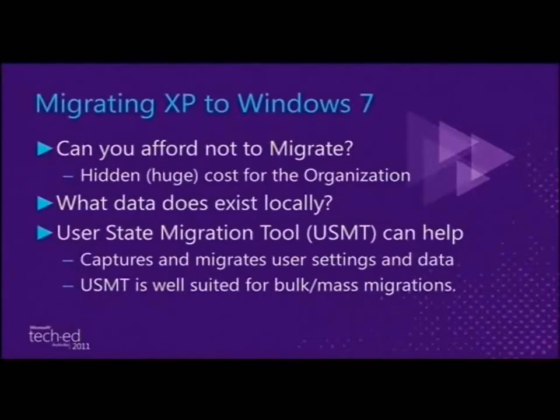Because most companies have some setting, some data, something on the old system worth being captured to the new system. It doesn't have to be much. It could be favorites and a signature in Outlook. It could be more complex things like local data or ODBC connections or fonts that need to be carried over.